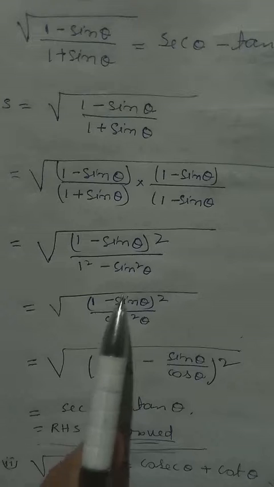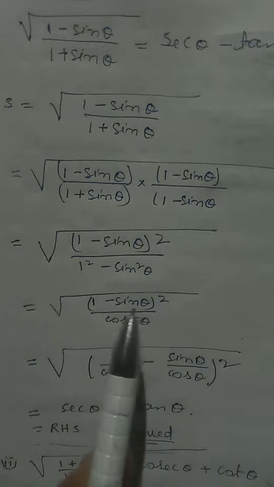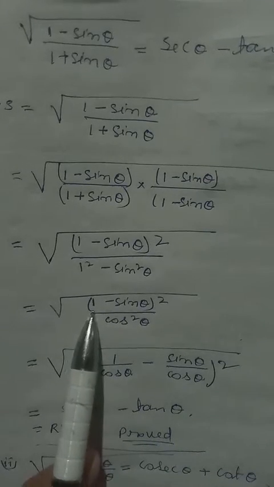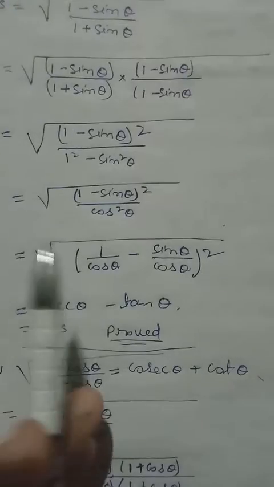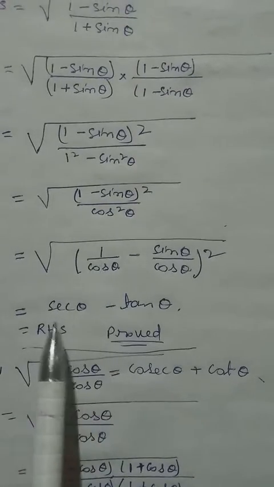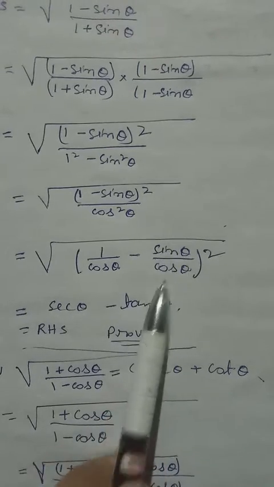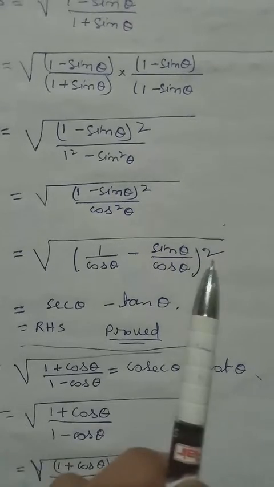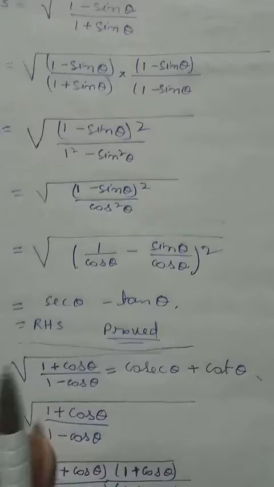Then we don't want sine and cos in the right hand side, so we will break the LCM. We can break it as 1 by cos, sine by cos. Then from the relation 1 by cos we know it is sec theta. Then minus sine theta by cos equal to tan theta, and this square and square root get cancelled, so it is equal to the right hand side.